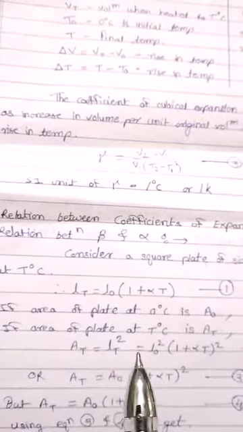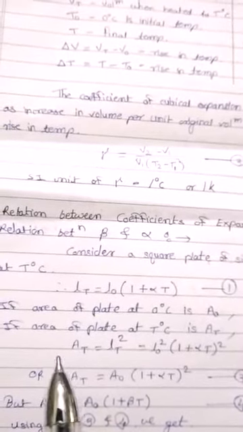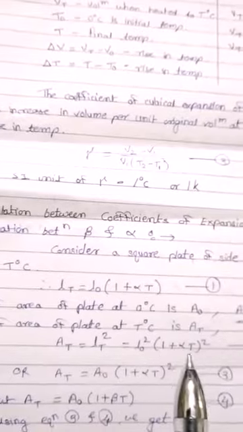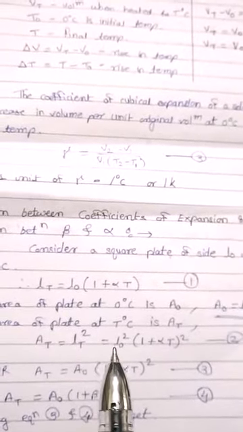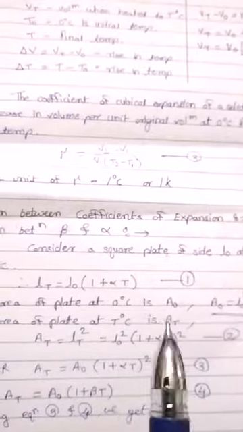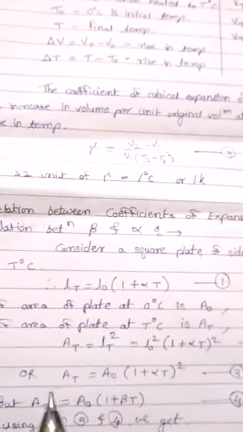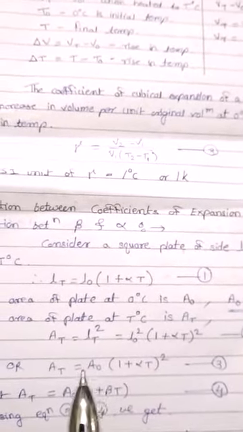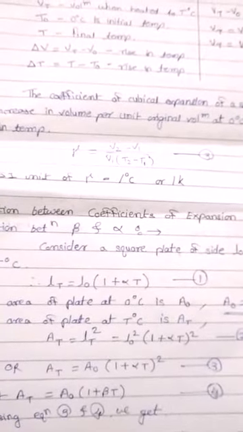So equation 1 becomes AT is equal to L0 square (1 plus alpha T) square, because L0 square is A0. So we get AT is equal to A0 (1 plus alpha T) square.